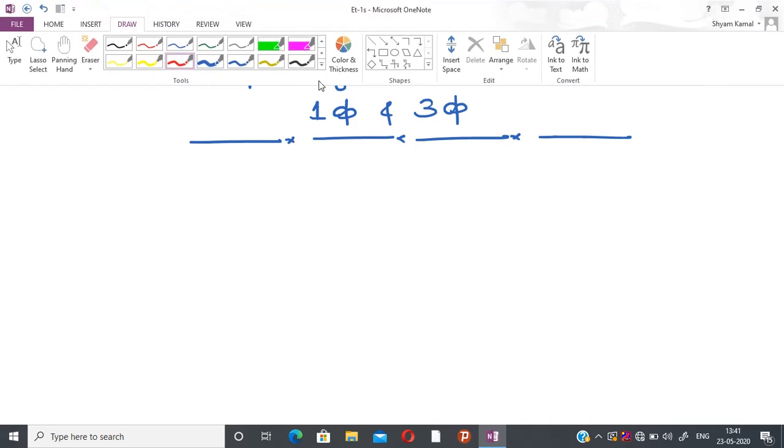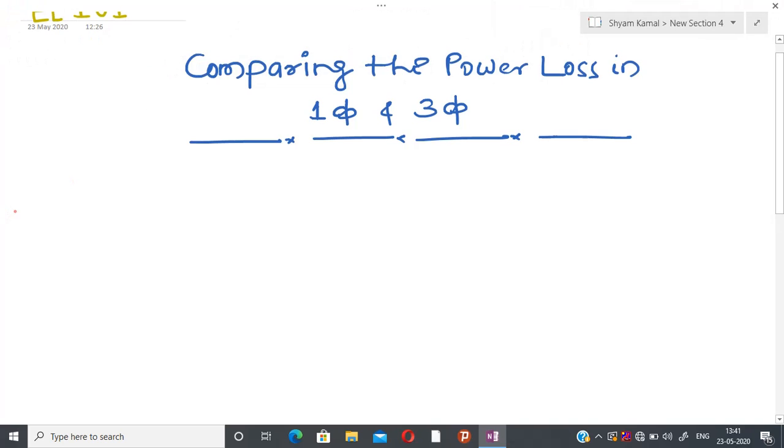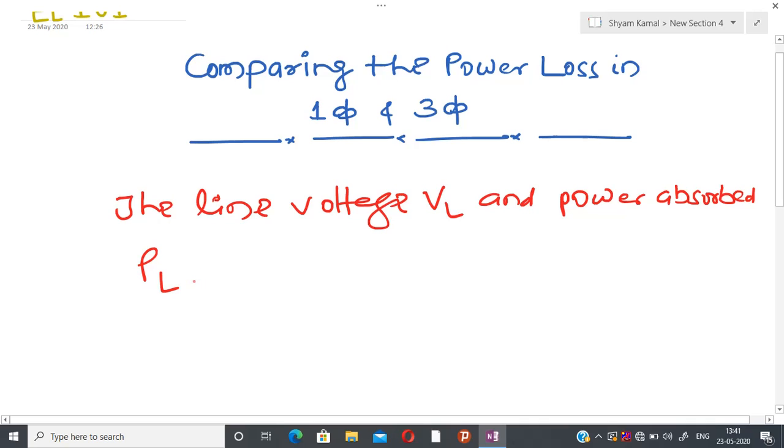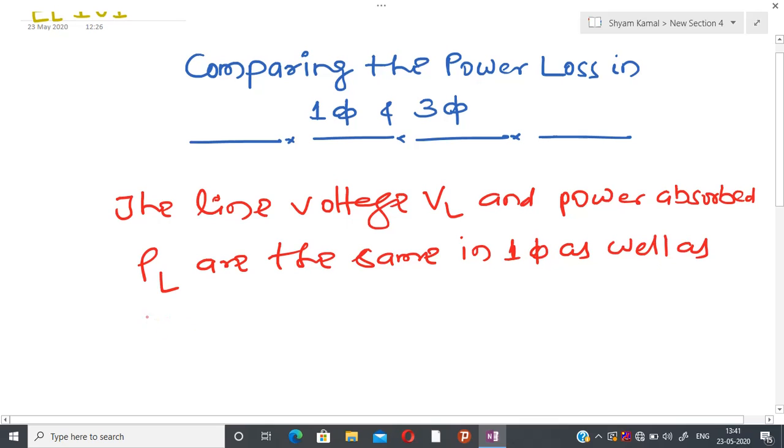Basically what I am going to assume is that the line voltage VL and power absorbed PL, because I have to do comparison, are the same in one phase as well as three phase.